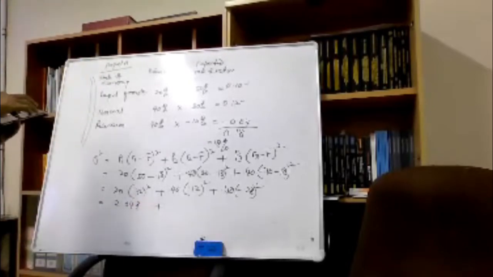So here would be 0.12 multiply 0.12, and what you get multiply 0.4. 0.12 multiply 0.12.